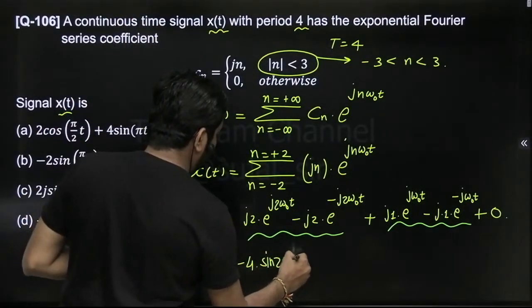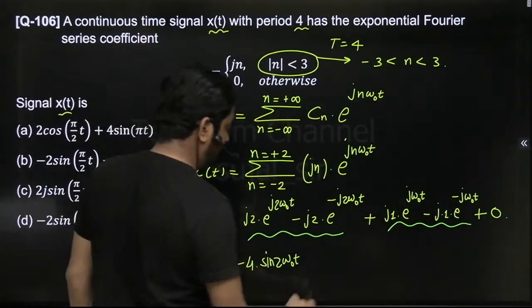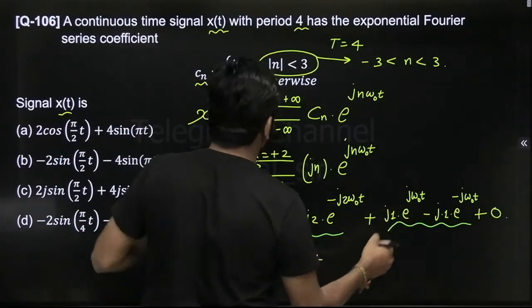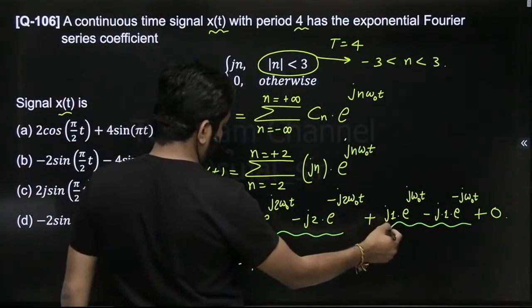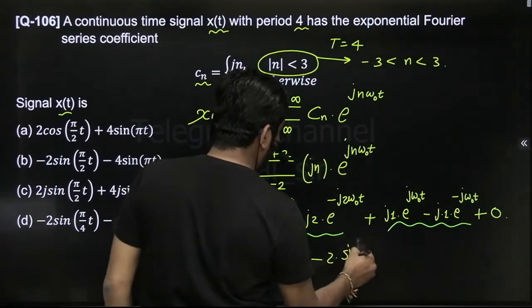Yes or no? Sine 2 omega 0 t. Plus this is nothing but minus 2j, so if you multiply, that is minus 2 into sine omega 0 t.